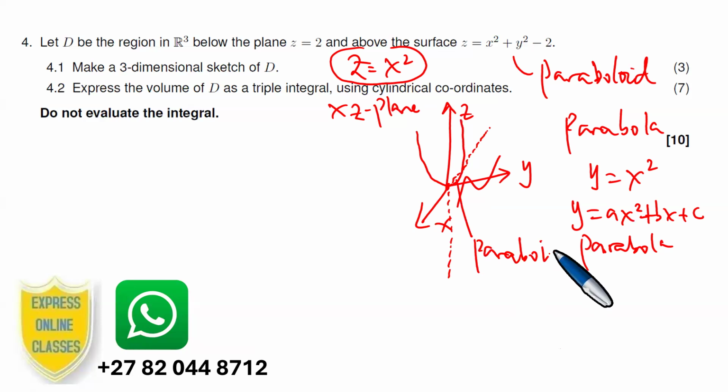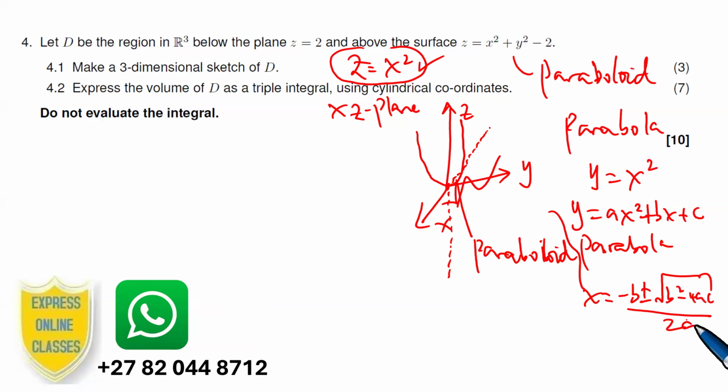This 3-dimensional surface has been built with great ingenuity and creativity, because now it is a combination with one orthogonal axis, the y-axis, that is perpendicular to the x-axis. A paraboloid is recognized by degree 2, in the same way that a parabola is y equals ax squared plus bx plus c, for which we have a quadratic formula to solve, minus b plus or minus the square root of b squared minus 4ac, all over 2a. Make a 3-dimensional sketch of D.